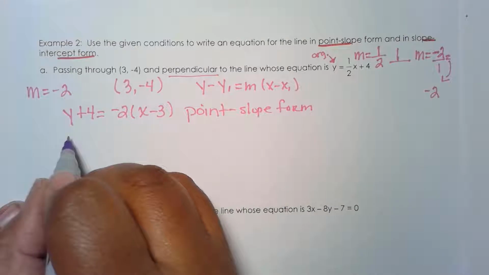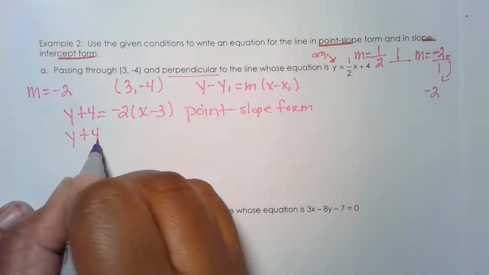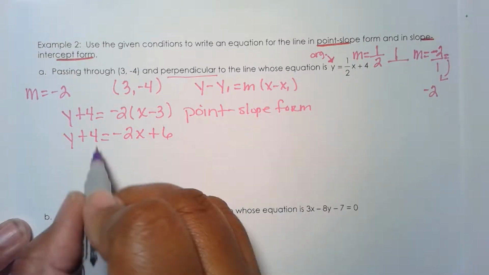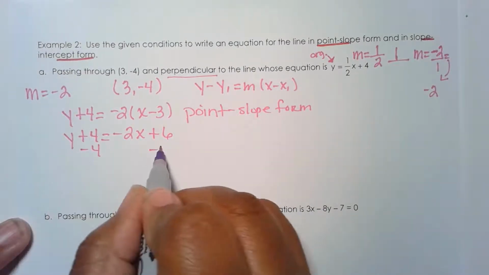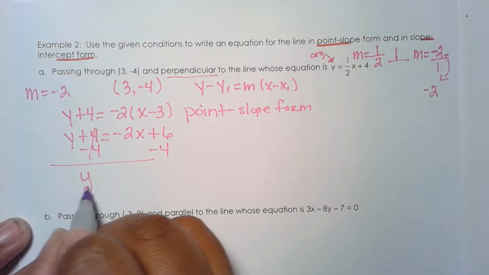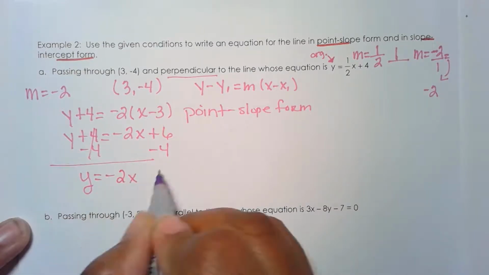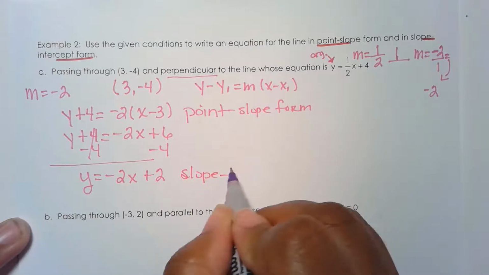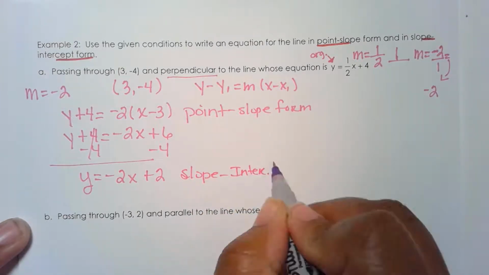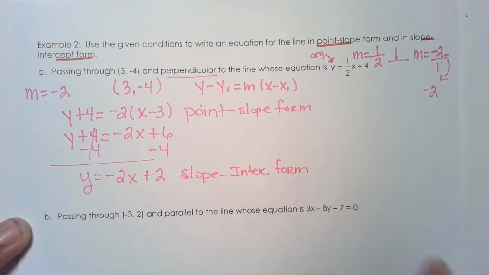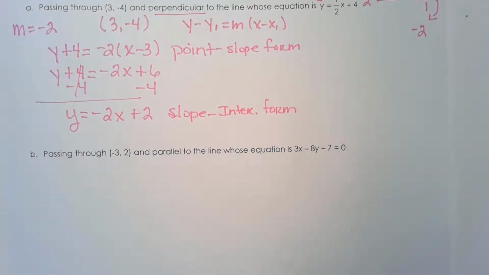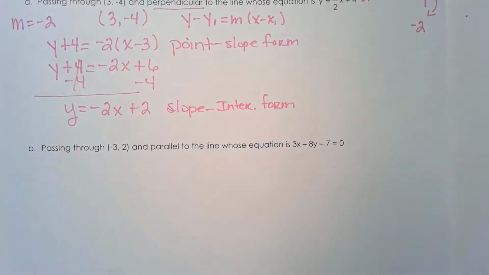So let's distribute the -2. y plus 4 is equal to -2x plus 6. And then subtract 4 from both sides, and we have y is equal to -2x plus 2. Slope intercept. All right, so that was example 2A.